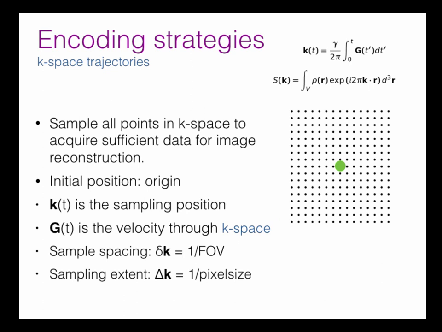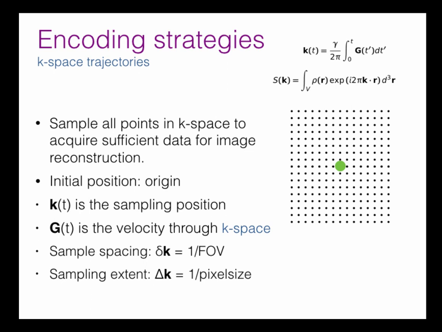So in order to make an image, we basically have to sample the whole of k-space. When we first excite, we can consider ourselves to be at the center of k-space. So k of t is the sampling position. And because k of t is the integral of the gradient with respect to time, that's kind of like a motion type of equation, because we can imagine ourselves as sampling at our k of t position.